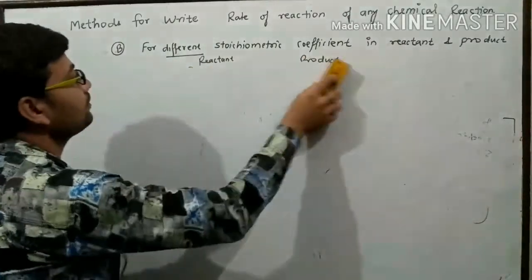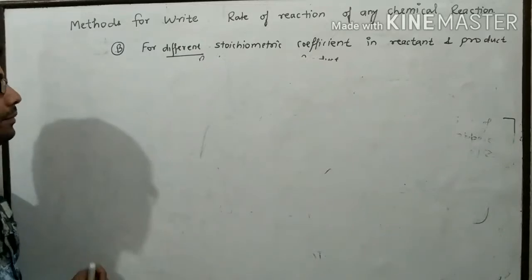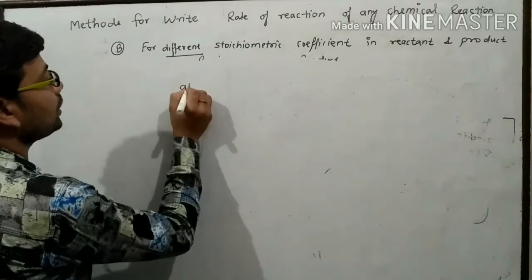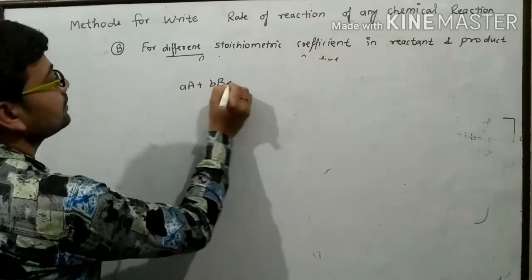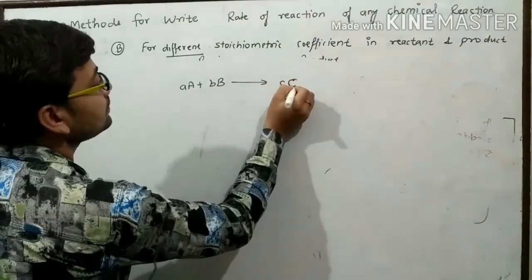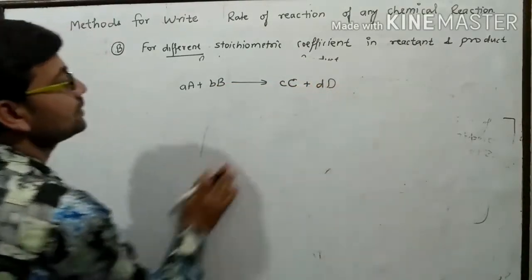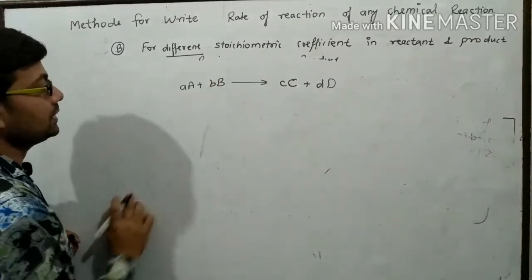Let's take an example. मीन्स आपको करना क्या है, अगर बहुत सारे कोएफिशिएंट दिए हैं like this, then what will be the rate of reaction for this reaction?